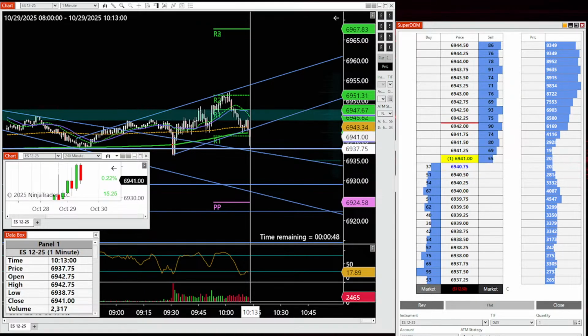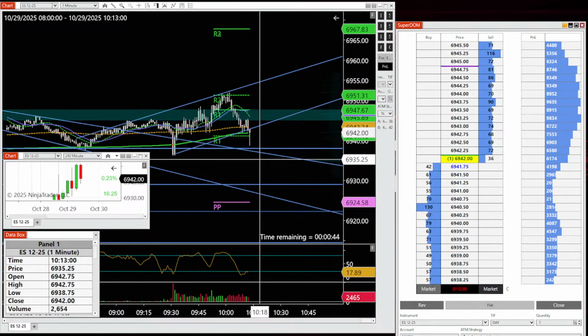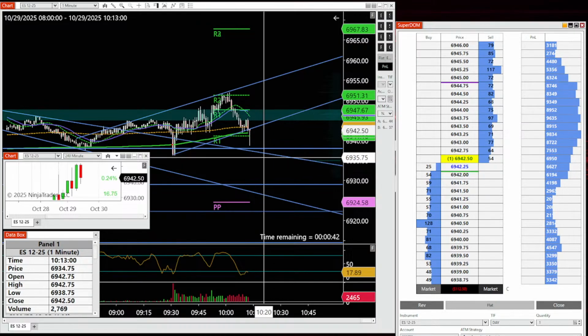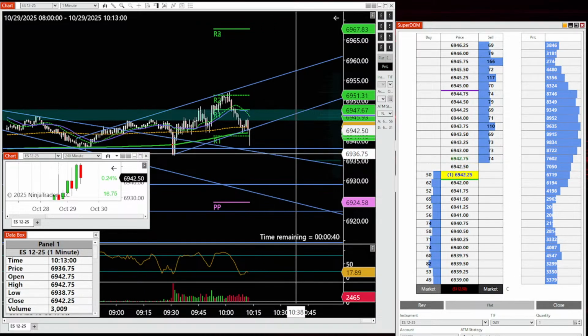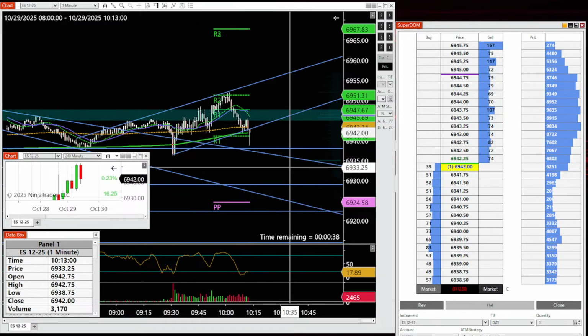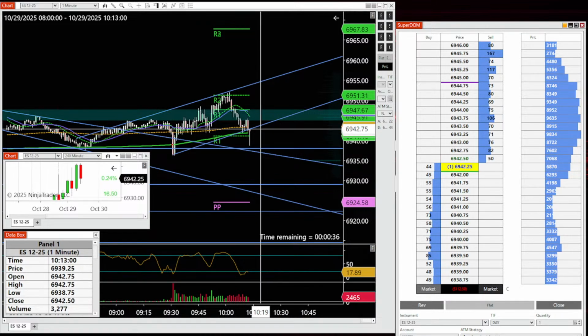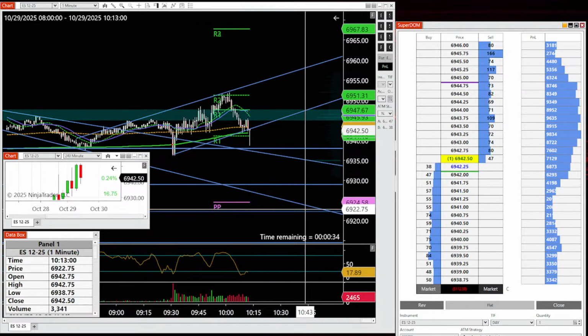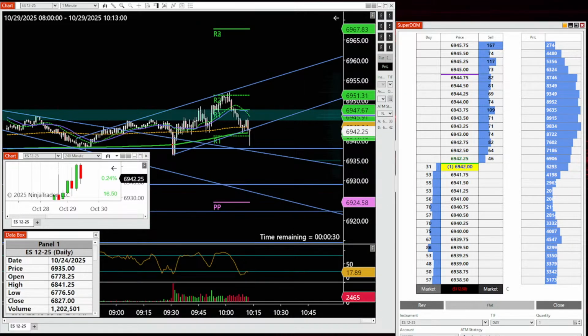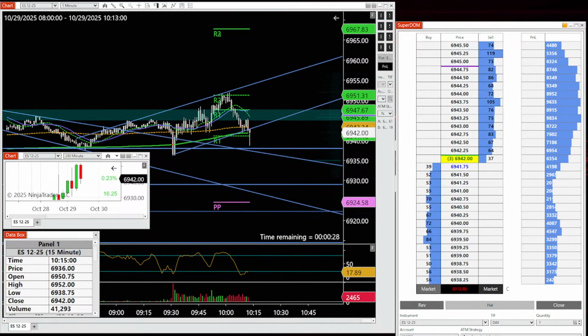Look, pop, low, 38.75. Bounce off of 38.75.